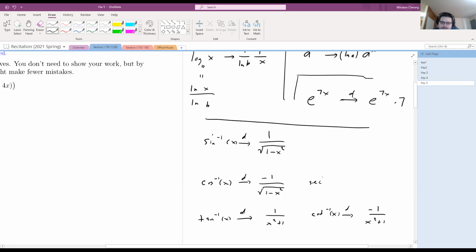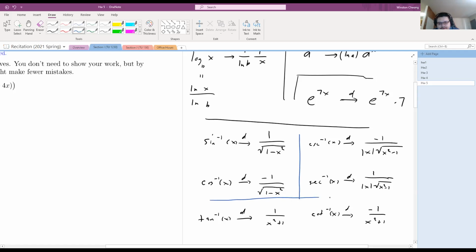And then secant and cosecant, I don't think you need to memorize them, but at some point it is assumed that you know them. So for inverse secant, it's 1 over the absolute value of x times the square root of x squared minus 1. And then cosecant, you see the pattern, you put a negative in front. Just like how the derivatives of the trig functions divided up into families, the inverse trig functions also divide into families.